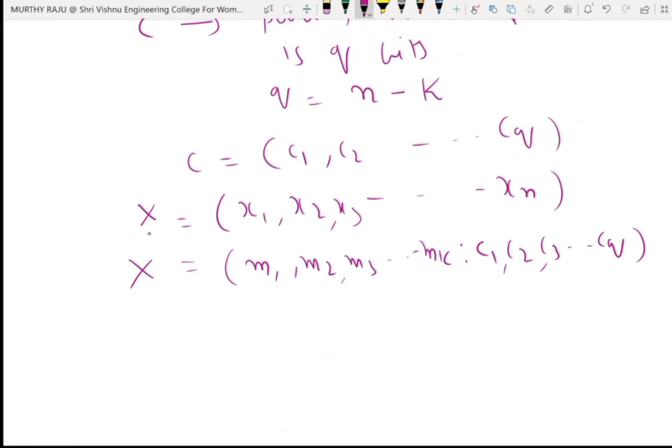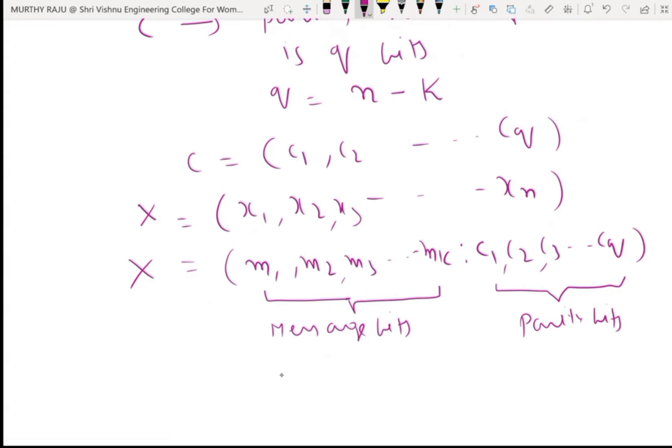This is the encoded code word of length n bits in systematic form of linear block codes. First the message bits appear and then the parity bits.